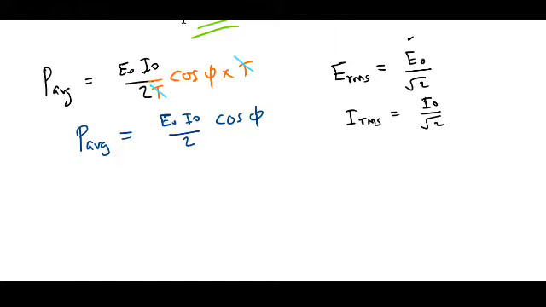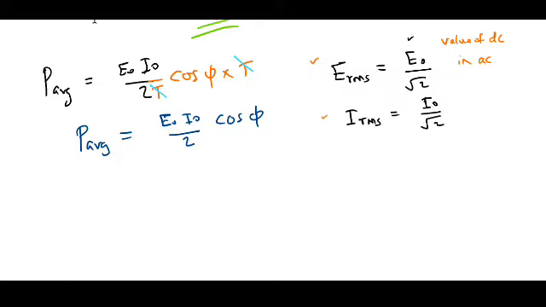Its physical meaning is this one. The RMS value of the voltage or the current is defined as the value of the DC contained in the AC current or voltage. This is nothing but the value of DC in AC. Okay, this is the definition of the RMS voltage and current.